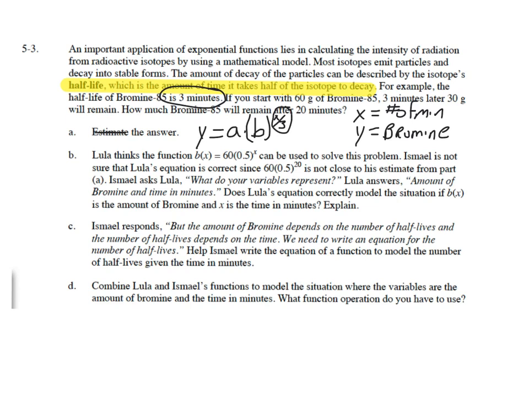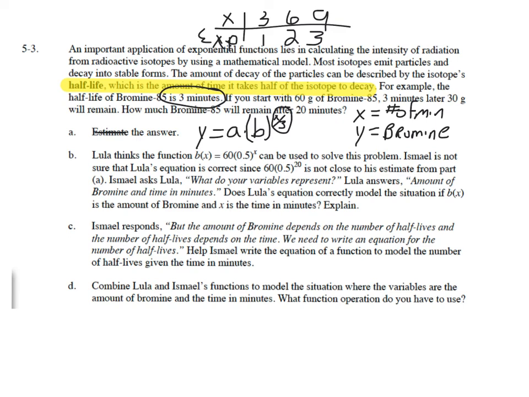We would be multiplying by b one time. If x was 6, x is 3, 6, 9. Our exponent, which is the number of times we multiply by our factor, would be 1, 2, 3.